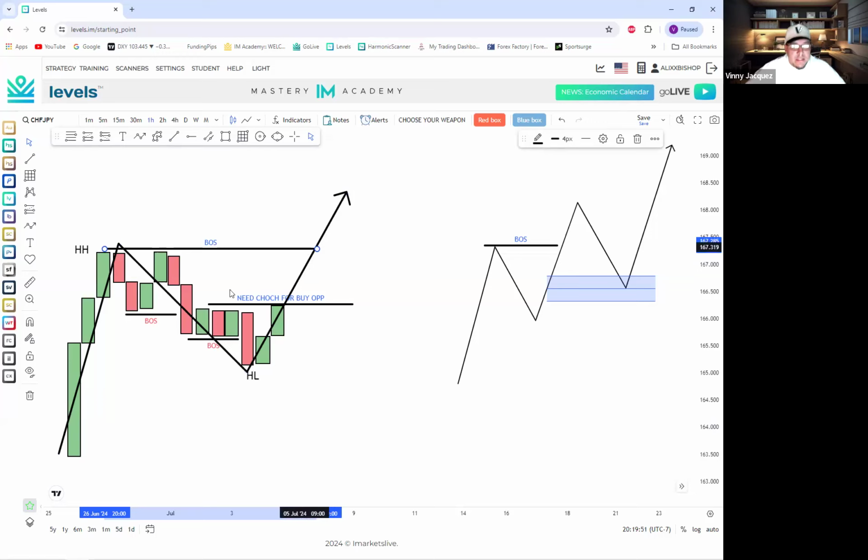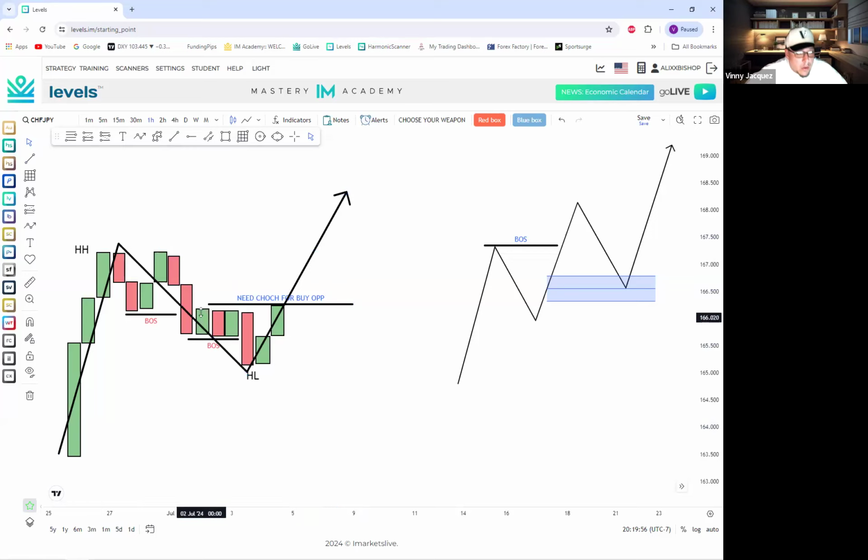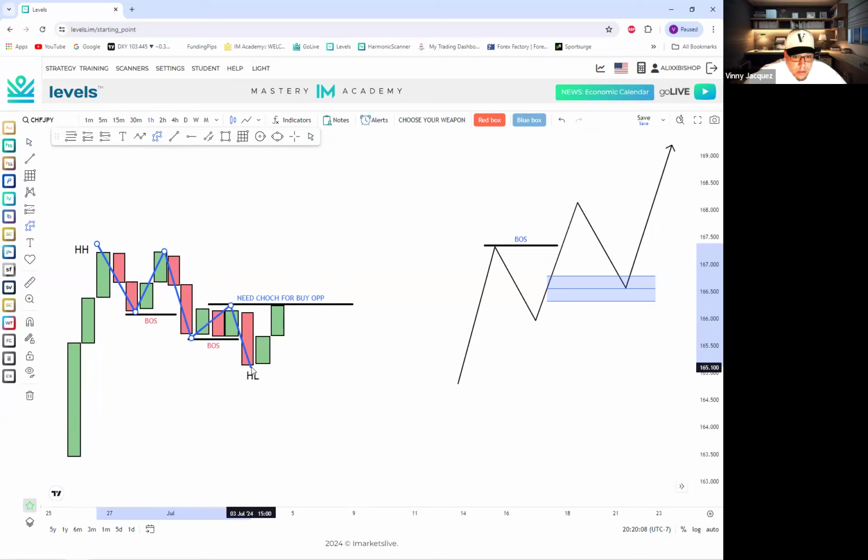But look, this is how we get double confirmation with the market structure. We need to see this market break down, stair step, lower low. We have a low, a high, a low, a high, a low. Does this make sense, Christopher?